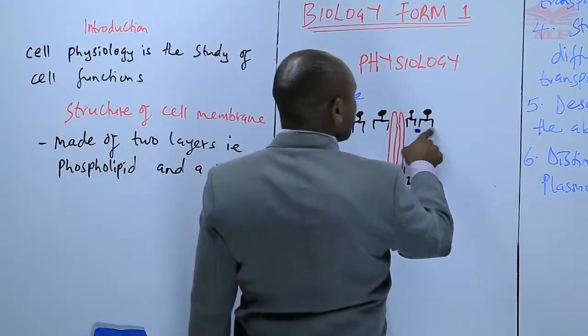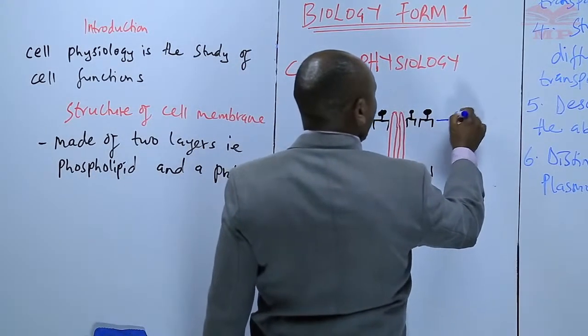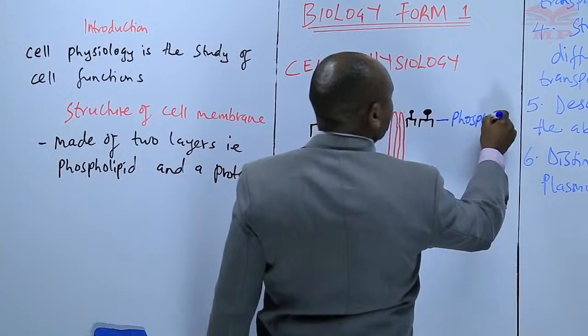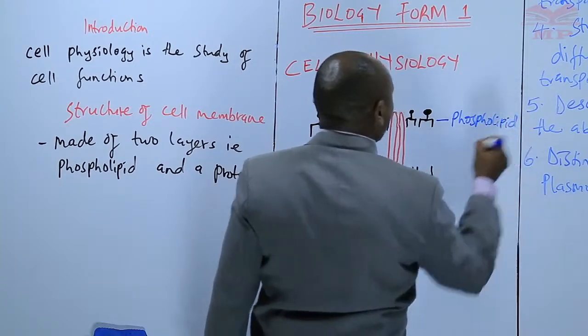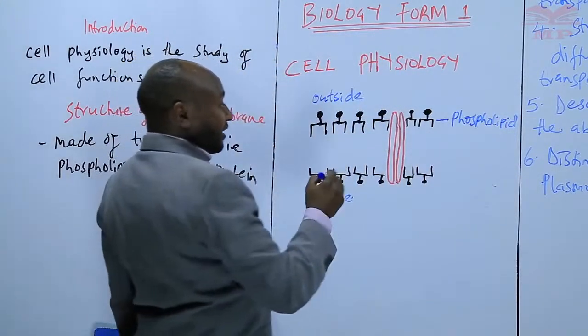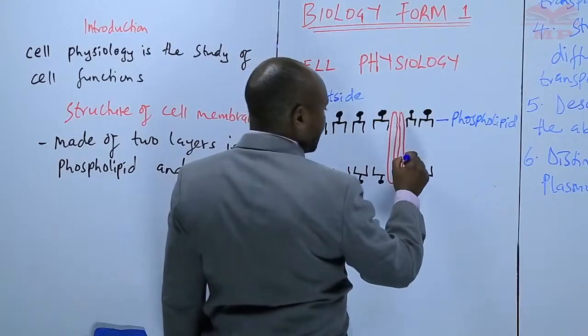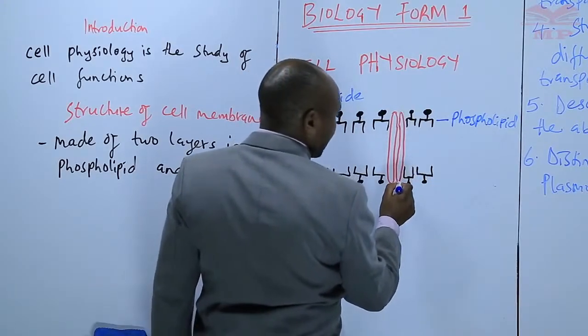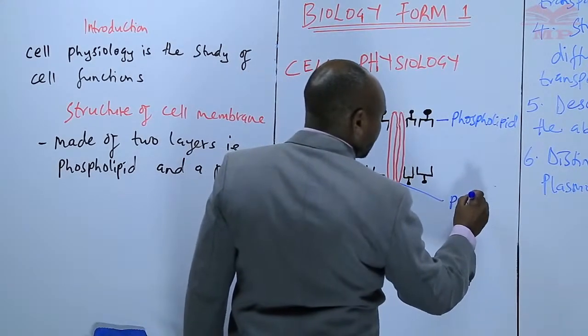So this first layer is the phospholipid layer. And then the one that is marked using a different color, that is red, that is the protein layer.